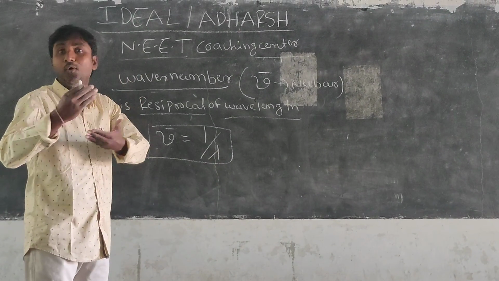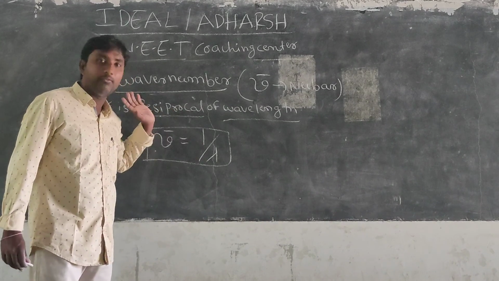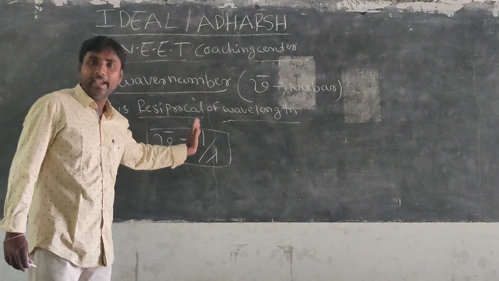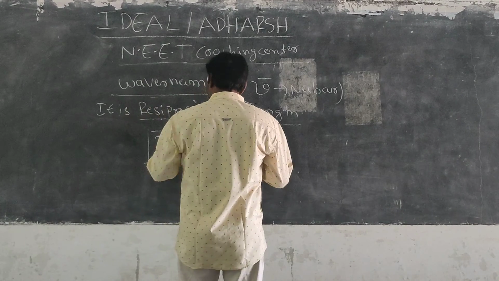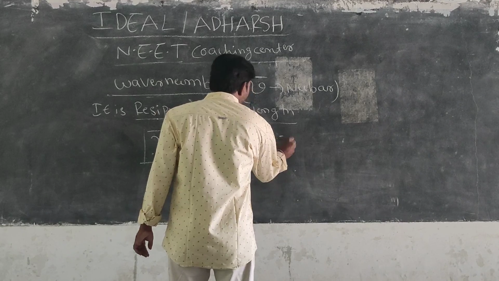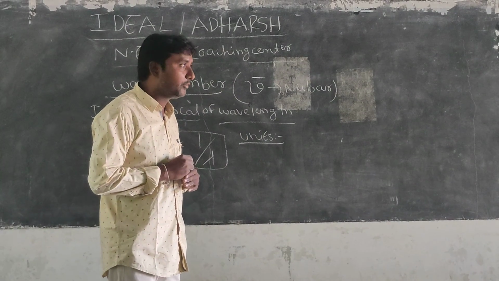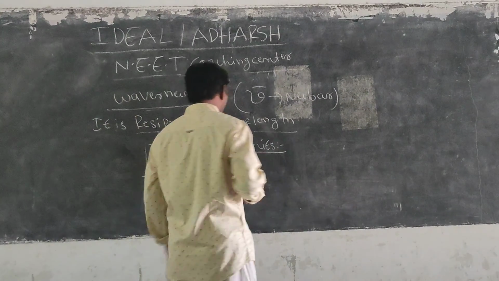Reciprocal means opposite. It is against the wavelength. Nu bar equal to 1 by lambda. Then units. 1 by lambda means wavelength units written oppositely, 1 by wavelength units.